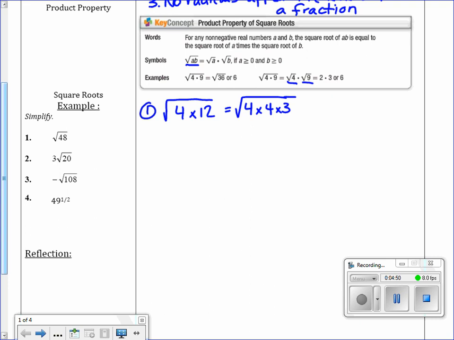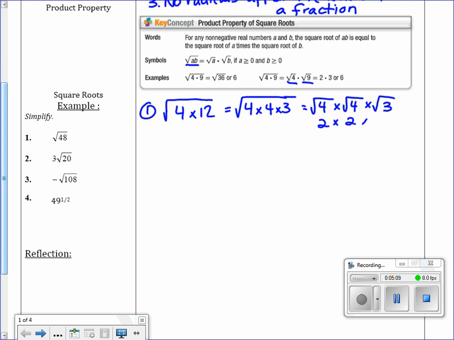Now what I can say is the square root of 4 times the square root of 4 times the square root of 3. The square root of 4 is 2. The square root of the other 4 is 2.